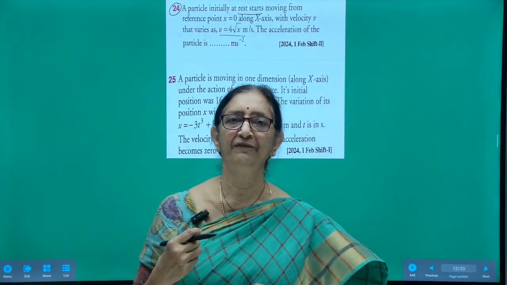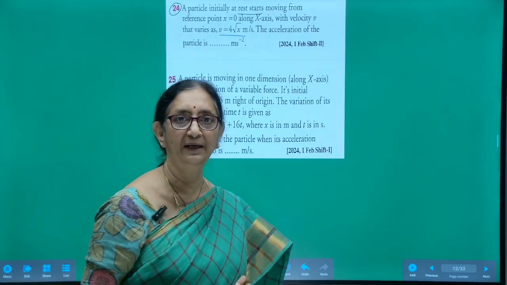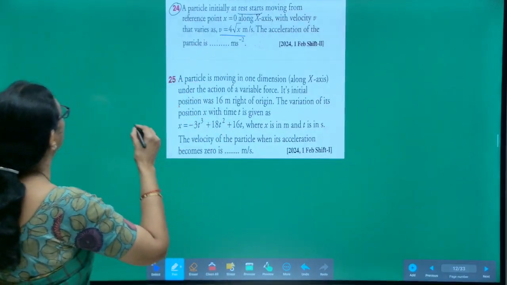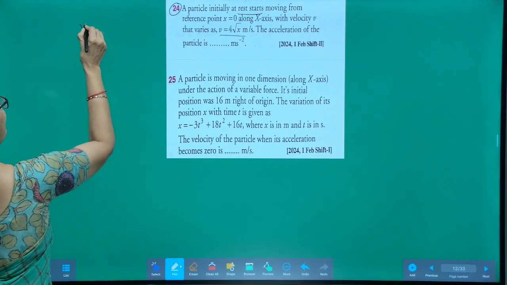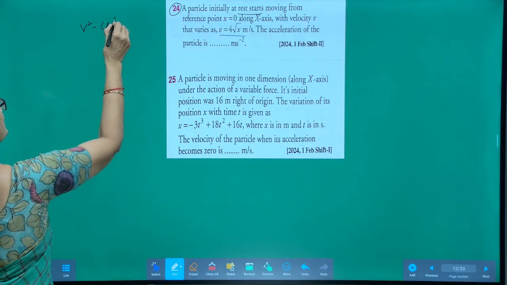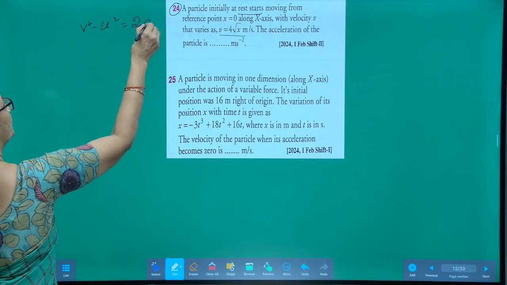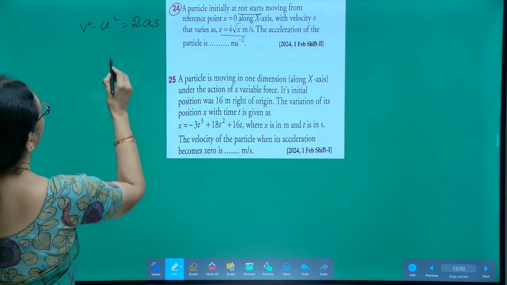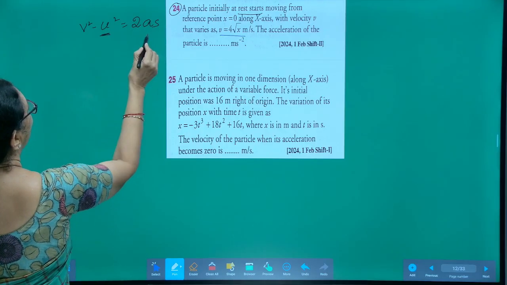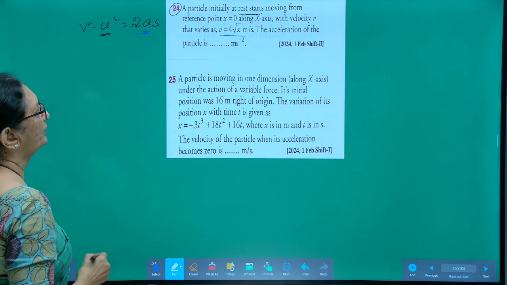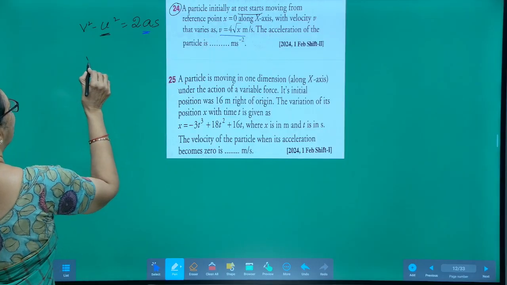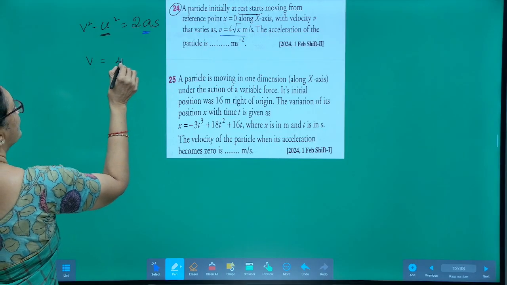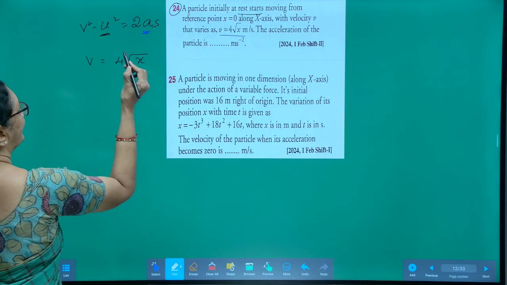If you recall the equations of motion relating velocity and displacement, v square minus u square is equal to 2as, where u is the initial velocity and a is a uniform acceleration. In this example, it is given as v is equal to 4 root x.